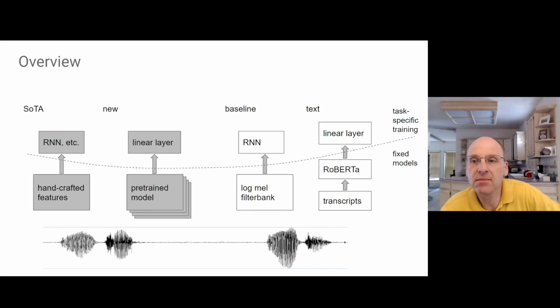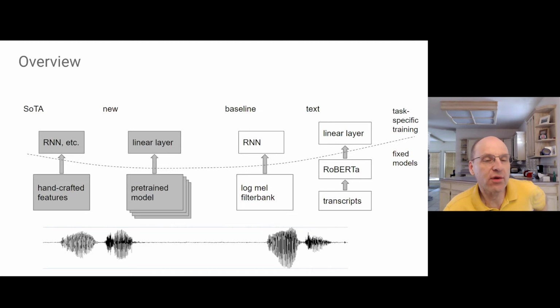So we did many experiments, but focusing on the 2 left categories, the state of the art in prosody uses handcrafted features, openSMILE or something similar, based on decades of experience with what prosody is and how it represents meanings.